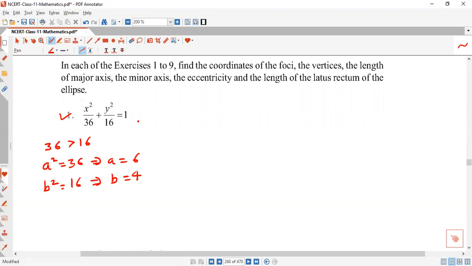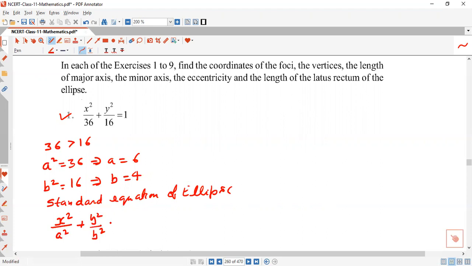So the standard equation of ellipse will be x square upon a square plus y square upon b square equal to 1. So in this case, this is a standard equation.